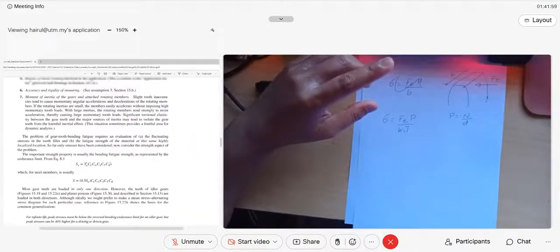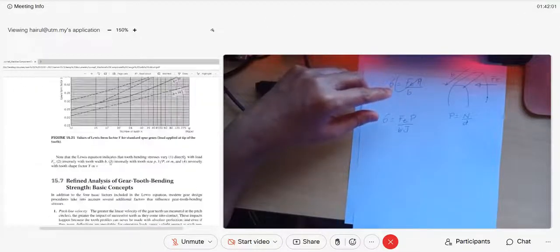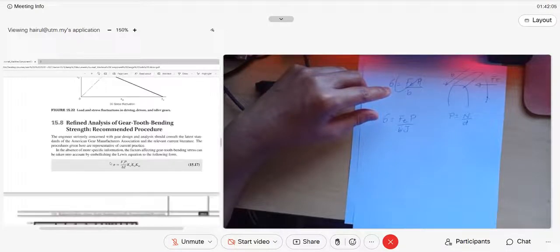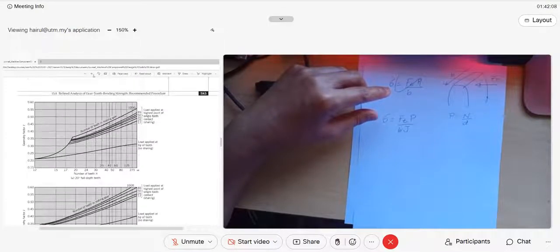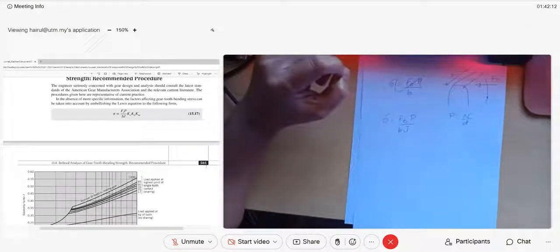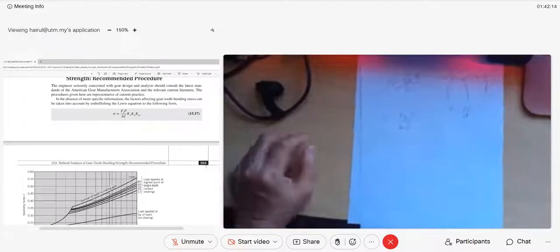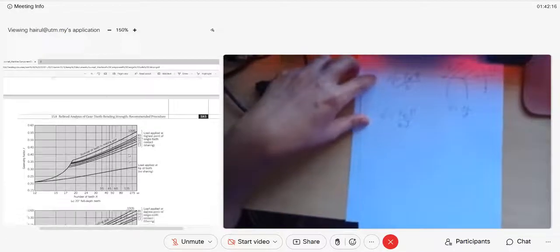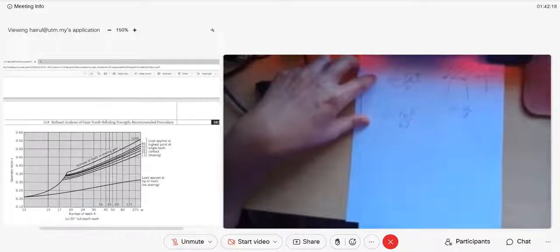Where is it? On what page? Figure 15.23, in your textbook, highlight this thing. Page 585. Okay, that is how you get your J.